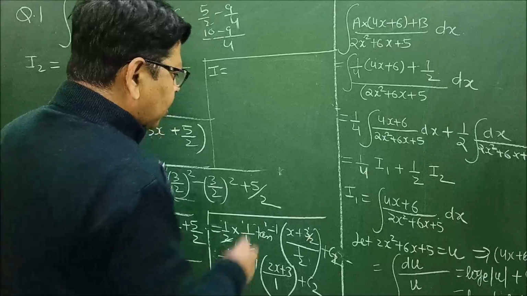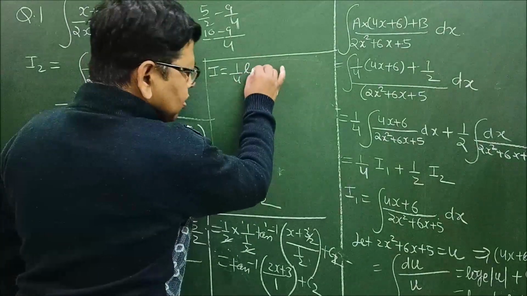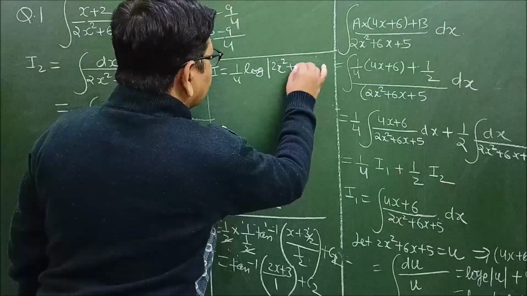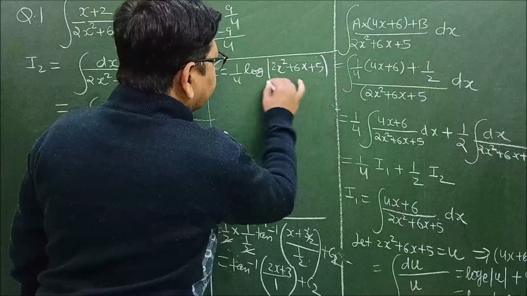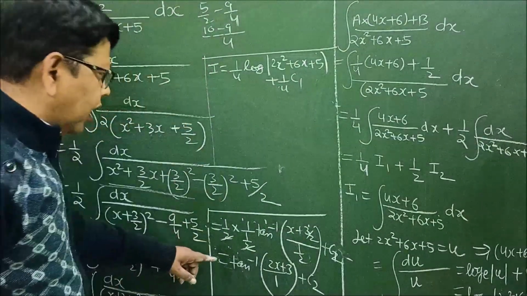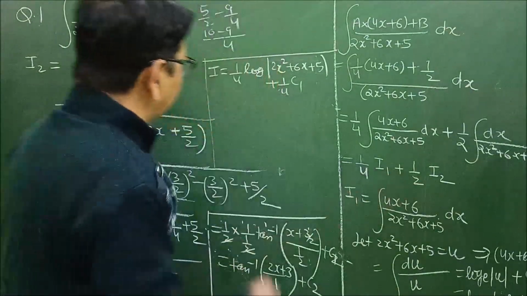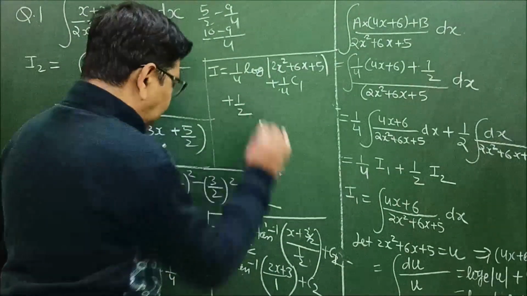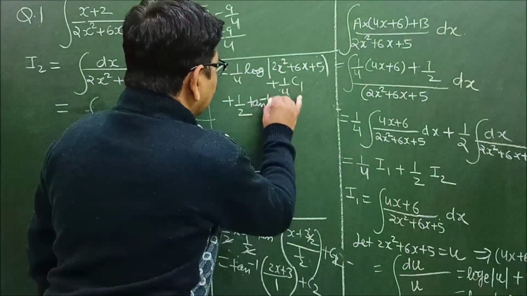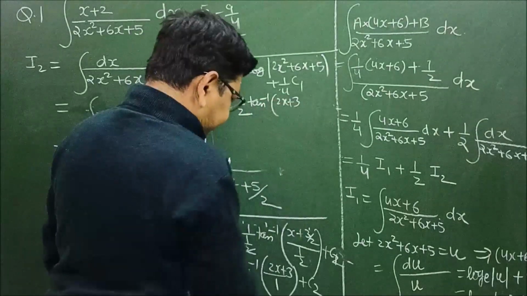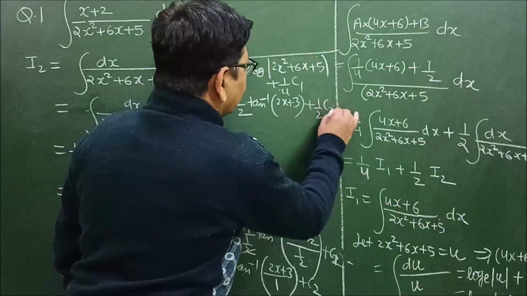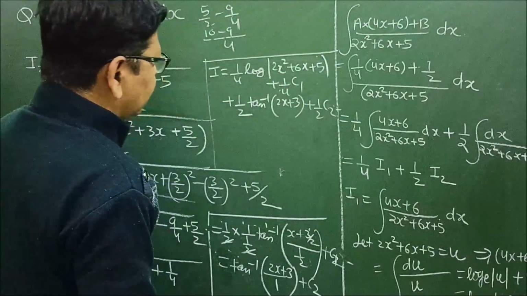4 I1, that is 1 upon 4 log of 2x square plus 6x plus 5 plus c1, plus the integral I2, which is 1 upon 2 tan inverse 2x plus 3 plus 1 upon 2 C2, and these two constants together can be replaced by the constant c.